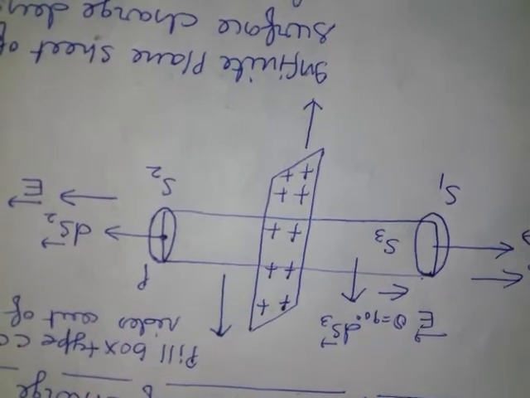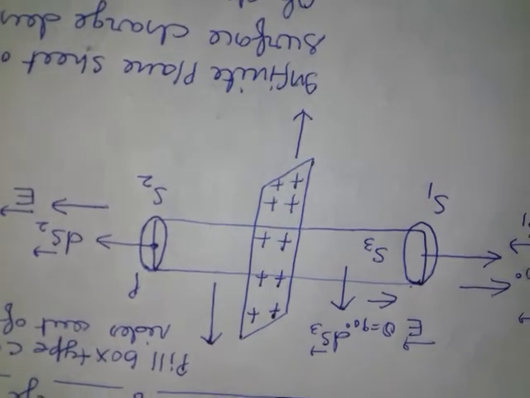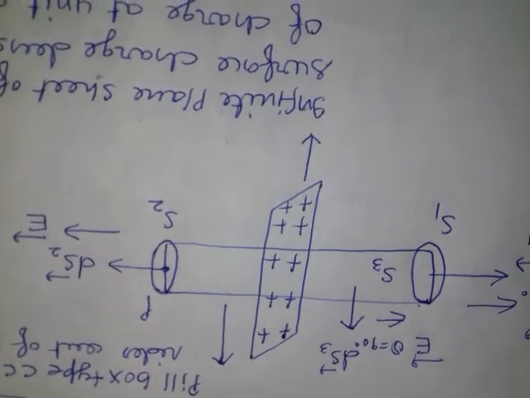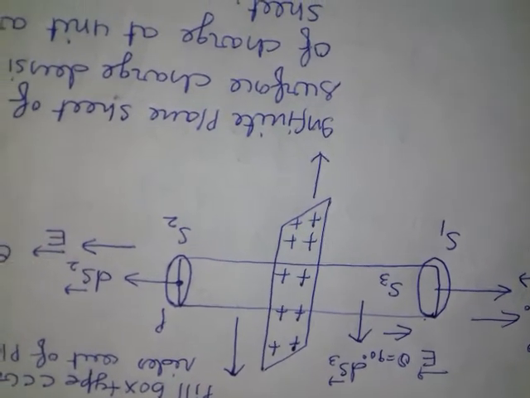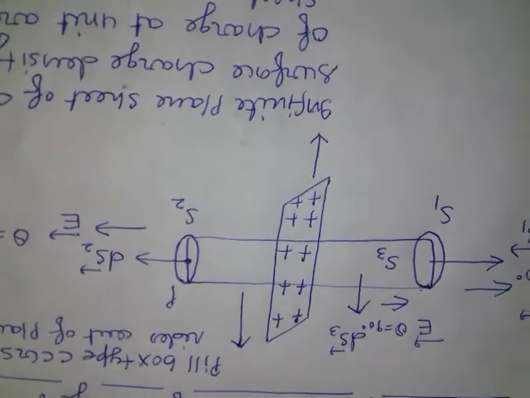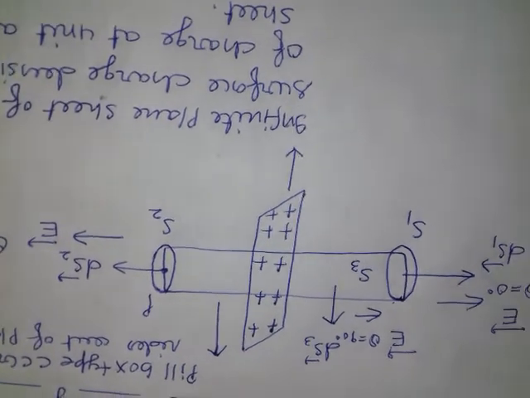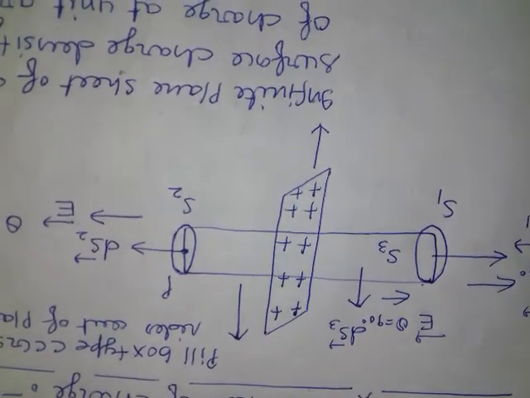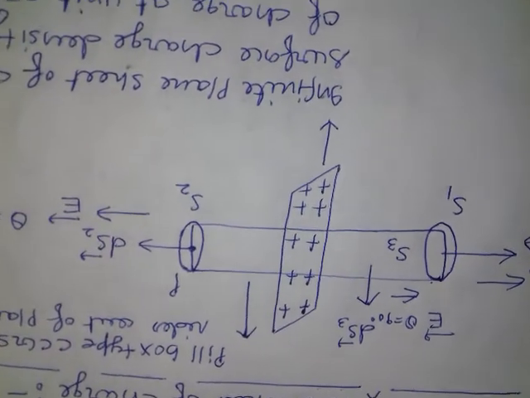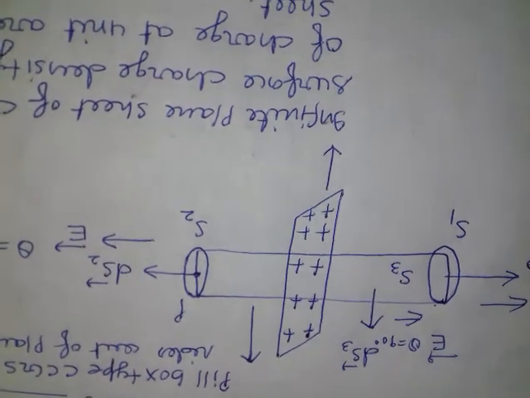Now the distribution of charge is along the plane. You see, when the charge is point like, your Gaussian surface is spherical. When the charge distribution is linear, your Gaussian surface is a cylinder. Here the charge distribution is on the plane sheet, so the Gaussian surface is cylindrical, but this cylinder extends half on both sides of the sheet.